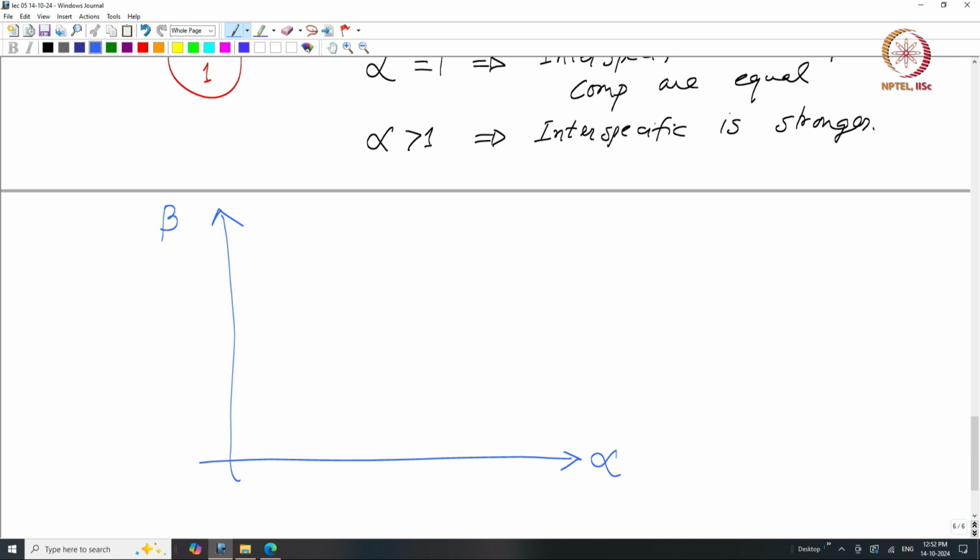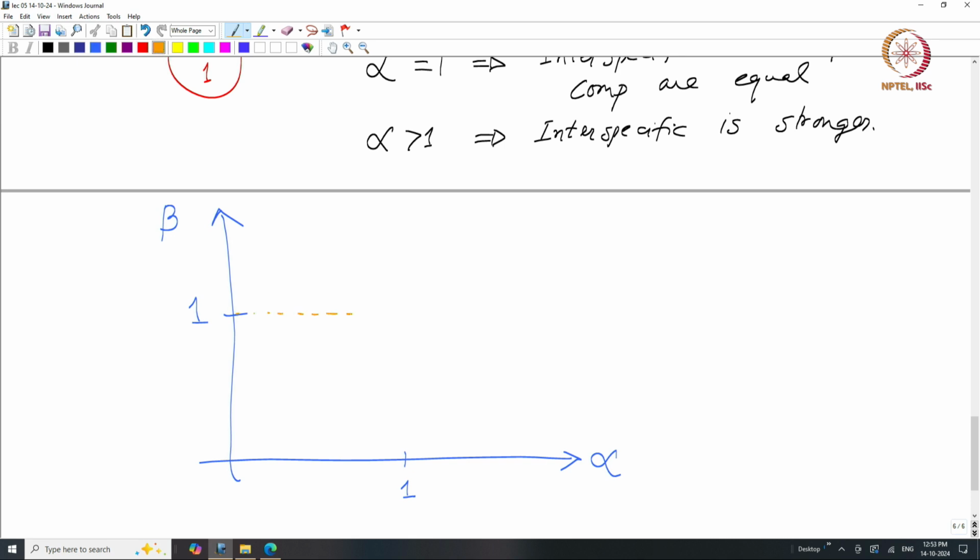These two are independent axes. Think of alpha and beta, x and y axis, as two independent axes, and what I am now trying to do is divide this entire competition space into 4 quadrangles.